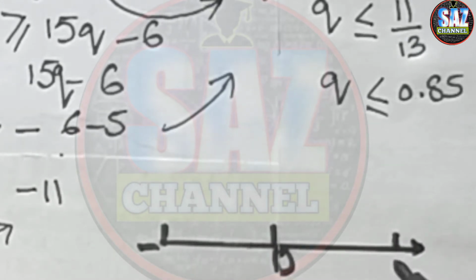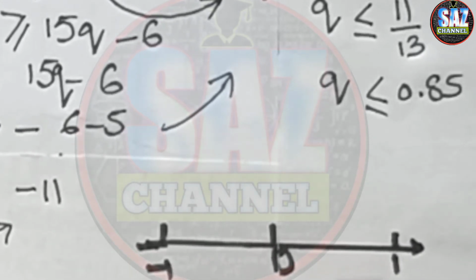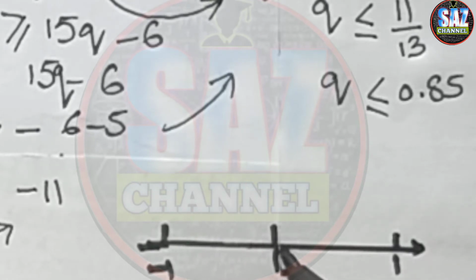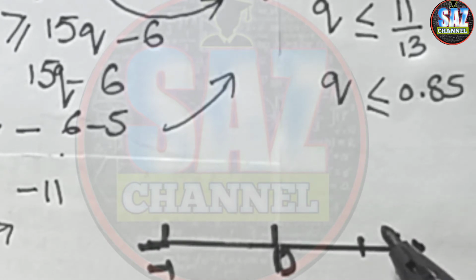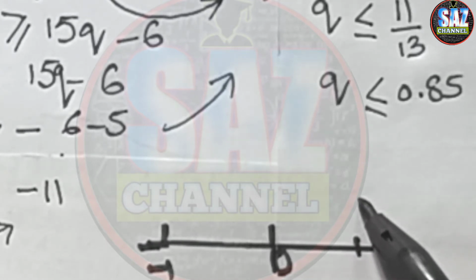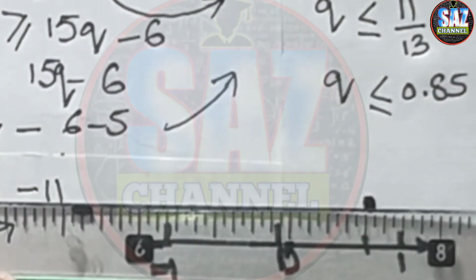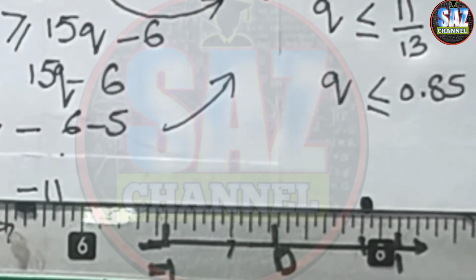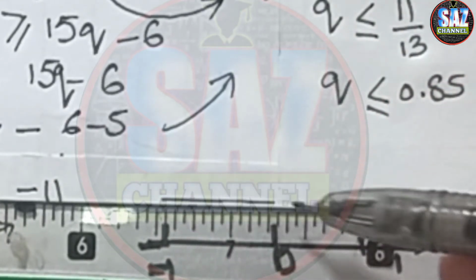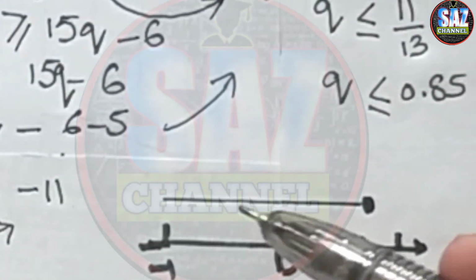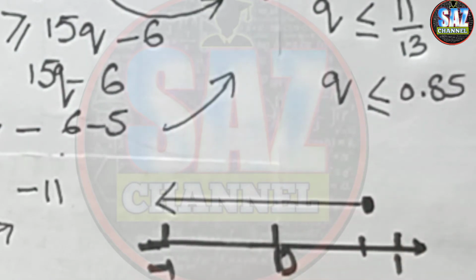This is 0, this is 1 and this is -1, and I need the solution which is less than 0.85. 0.85 will be before 1, and I have to start my solution from this point, and my number line will be moving towards the left of this number, because I need the values of q which are lesser than this number. So this will be the representation of this solution on the number line.